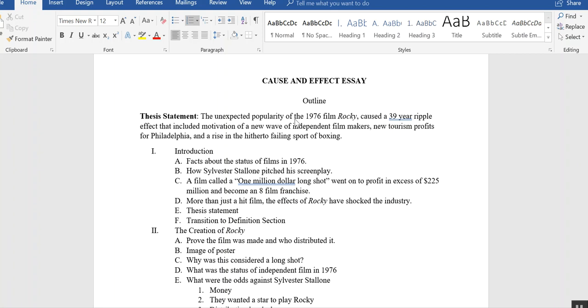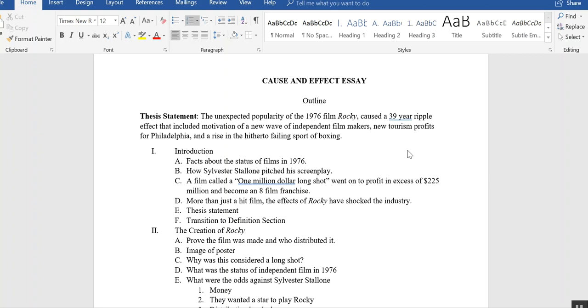The unexpected popularity of the 1976 film Rocky caused a 39-year ripple effect that included motivation of a new wave of independent filmmakers, new tourism profits for Philadelphia, and a rise in the hitherto failing sport of boxing.